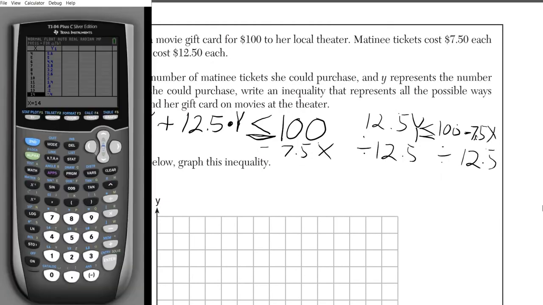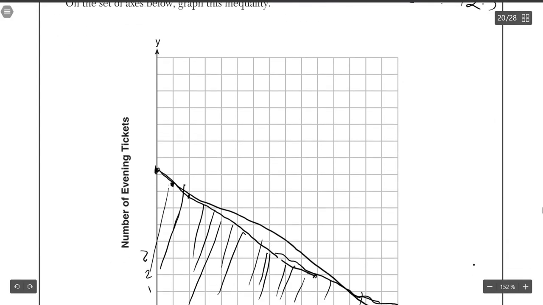So she has $100. How many can she buy? Well, that's going to be 100 divided by 7.5, which comes out to 13.333. And since you can't buy partial tickets, the most you can buy is 13.